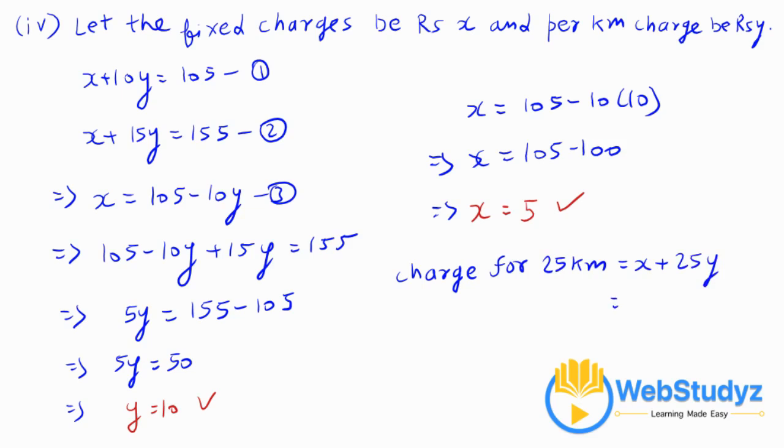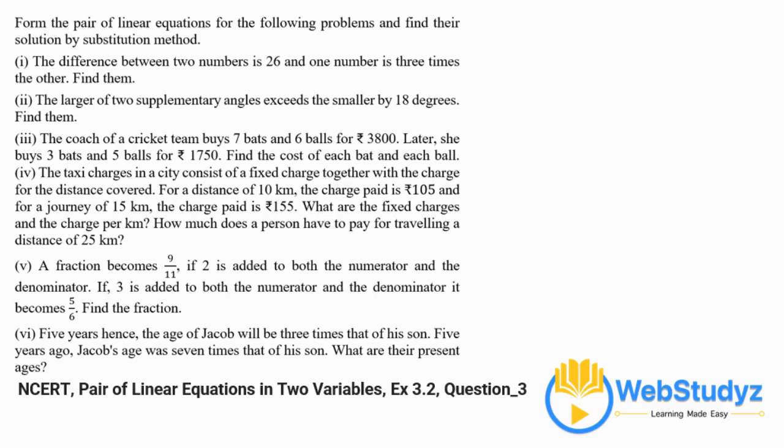So putting values of x and y here, we get 5 plus 25 into 10, it will be 250. So we get the charge for 25 kilometer as 255.